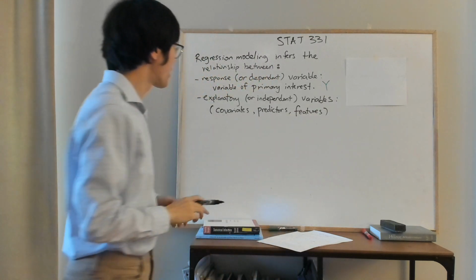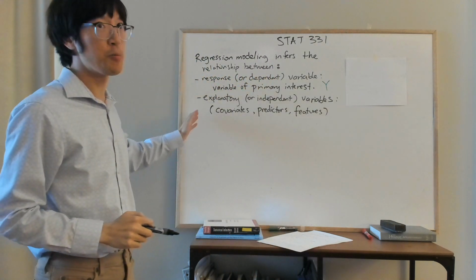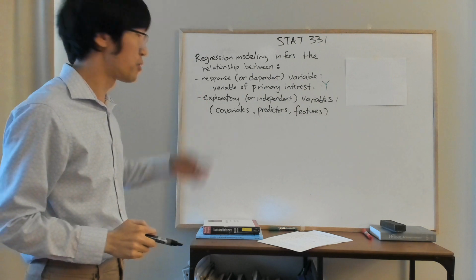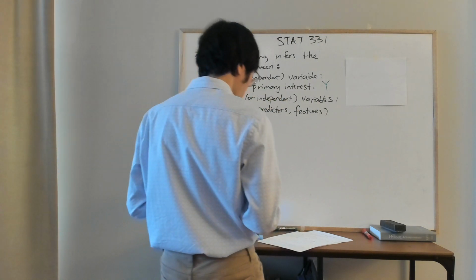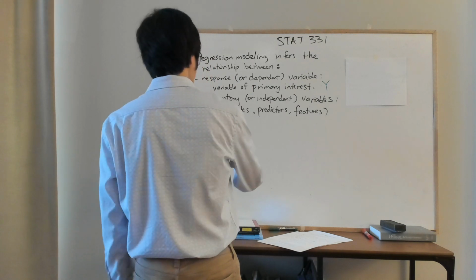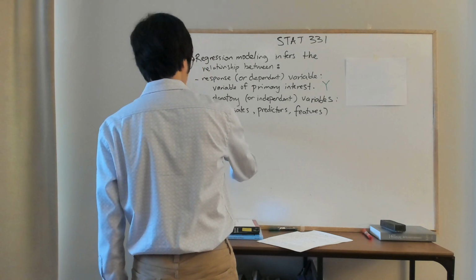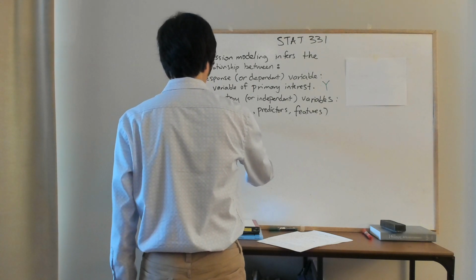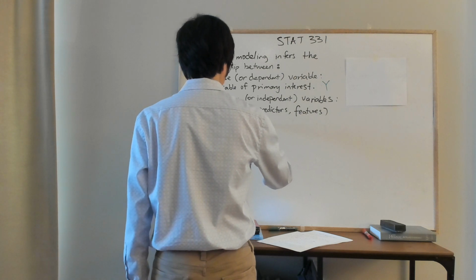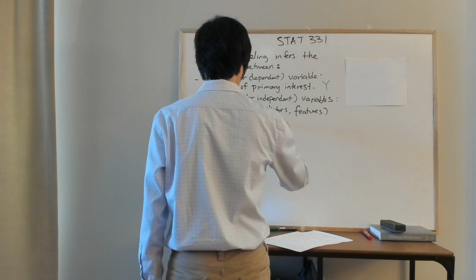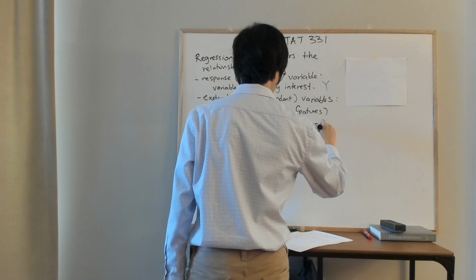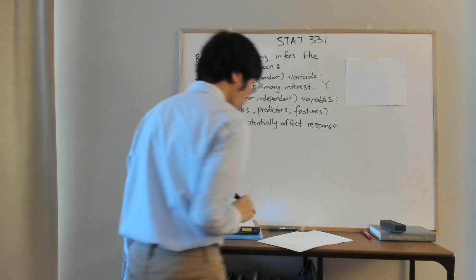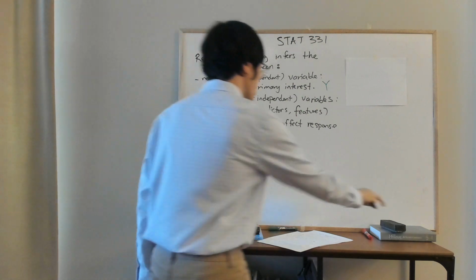These are variables that could be associated with the response, and we want to discover how they impact y. These are variables that potentially affect the response. I guess impact is probably a better word.